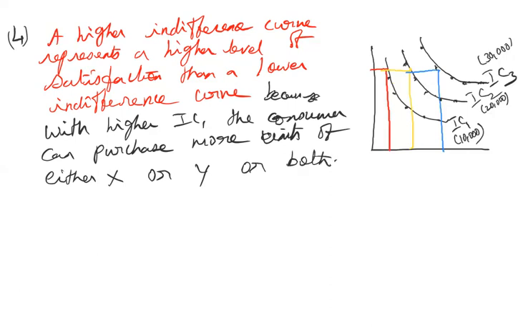So it's possible the consumer can purchase more of both X and Y, or can purchase more of either one. So that's why a higher indifference curve represents a higher level of satisfaction.